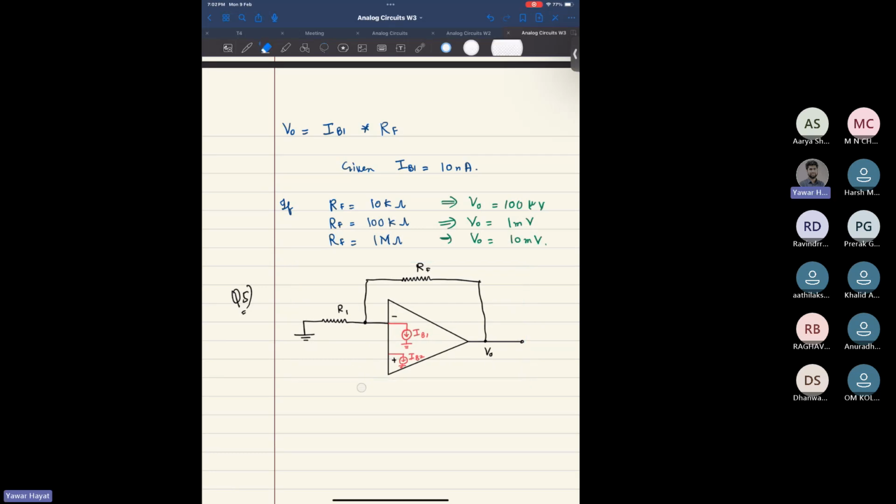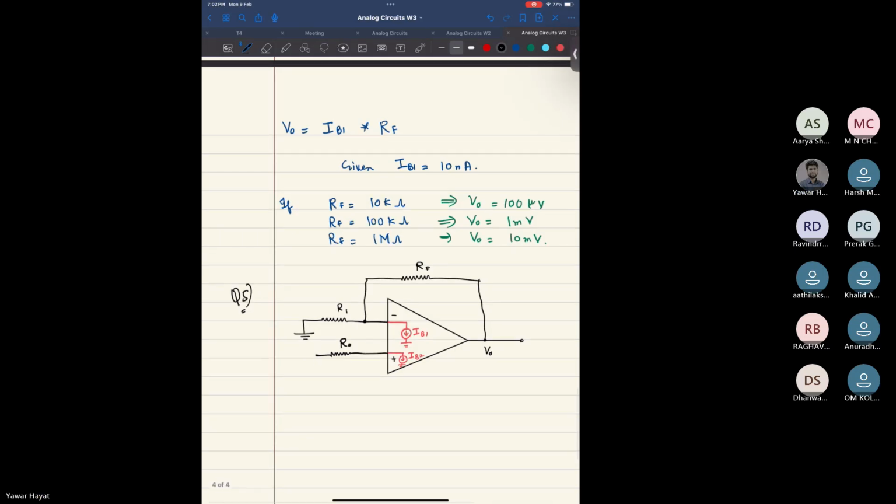Okay, and then let me redraw this part. Okay, this is R naught, ground, right? And yeah, rest of the things are fine.